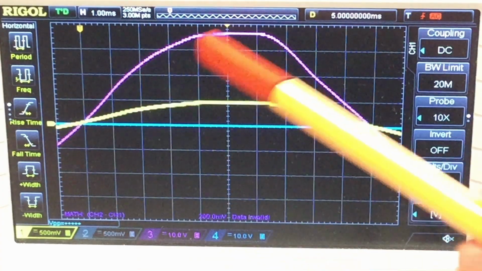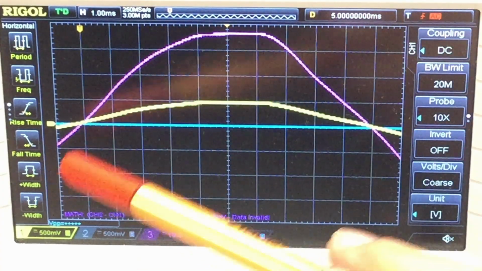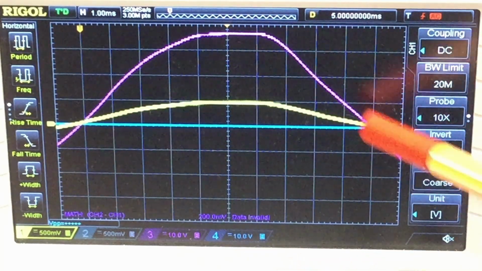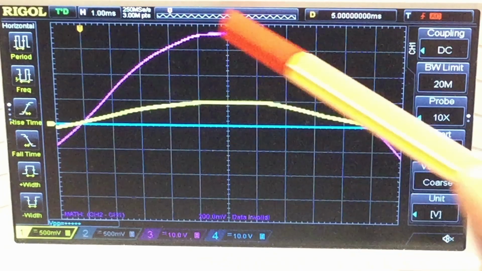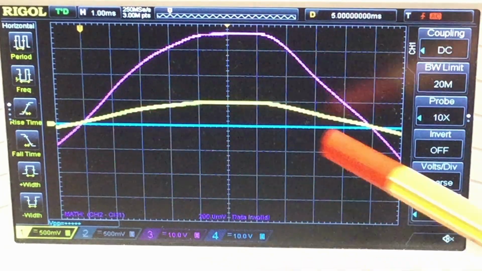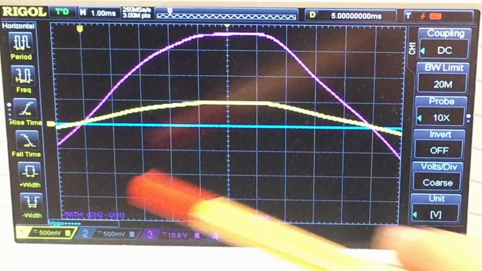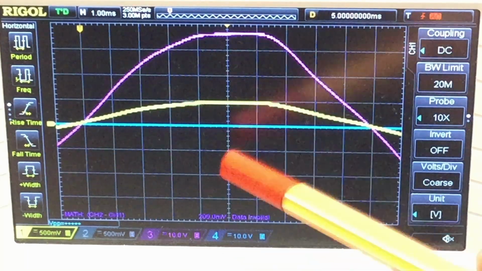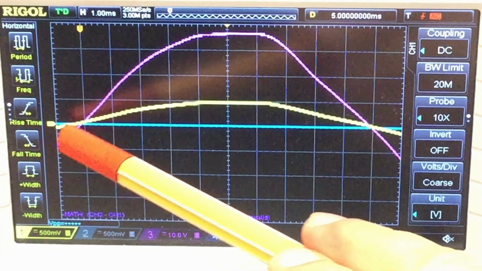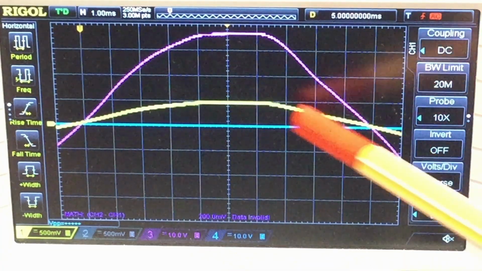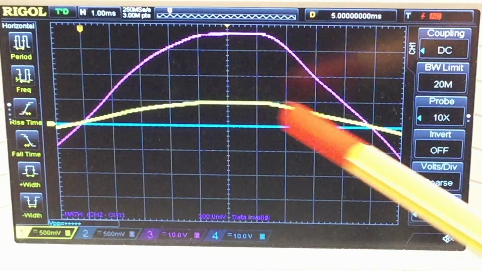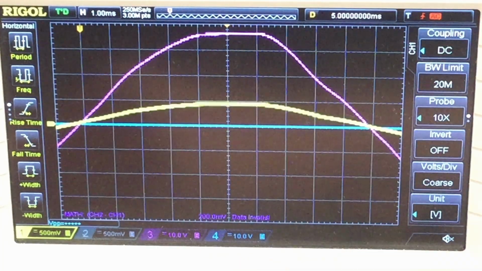So we are just looking at the positive half wave here, and that line is the voltage drop across my TRIAC, so the TRIAC is off. The blue line here at 0 is the voltage drop across my load, which is, if the TRIAC is off, 0. And this is my gate voltage without the capacitor.